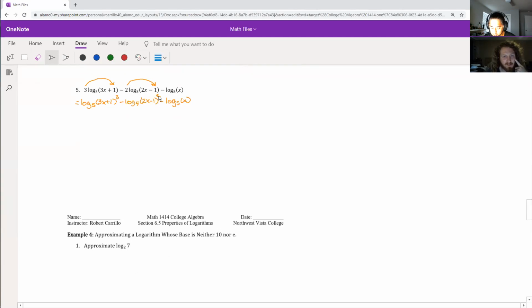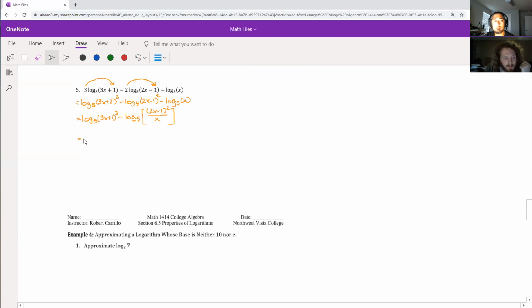about it, but I have personally found it's easier to think about these almost by going in reverse and dividing these as one step, and then dividing them against this one as one step to take them back together. So let me show you that step by step. This will be log 5 of 3x plus 1 cubed minus log 5 of the quantity 2x minus 1 squared divided by x.